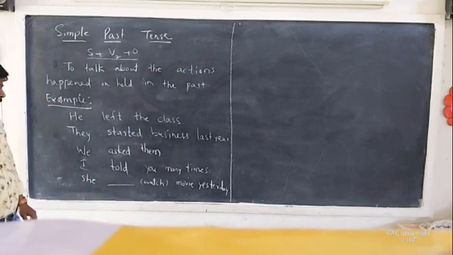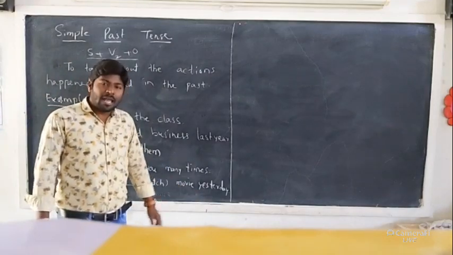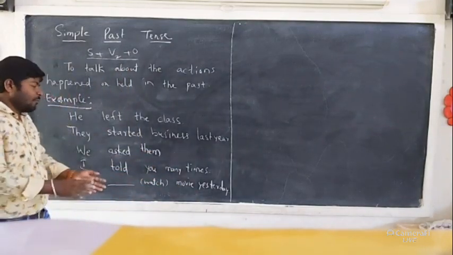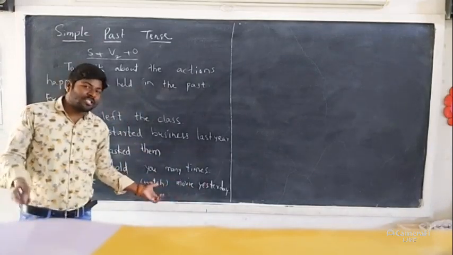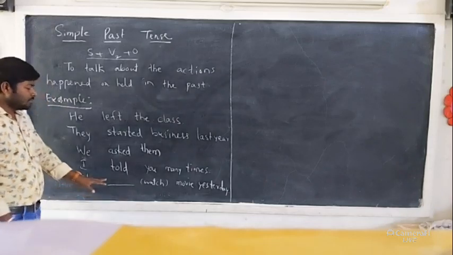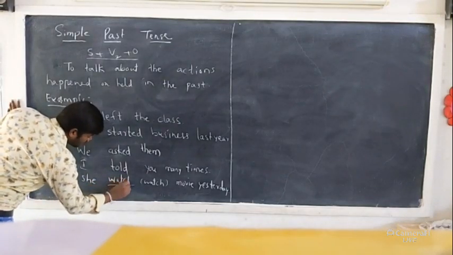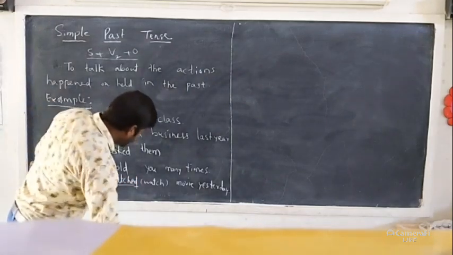How can you identify? Here we have a keyword. If you find yesterday, last year, last month, last week, if you find this kind of words, the sentence should be in simple past tense. So what do we write? Watched. You can write watched, so this will be the answer.